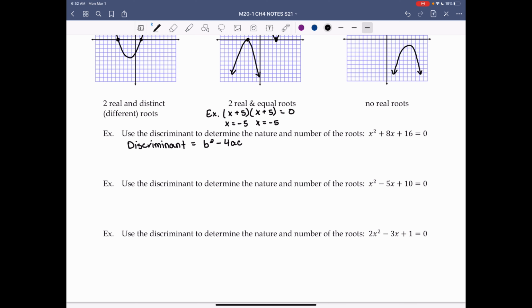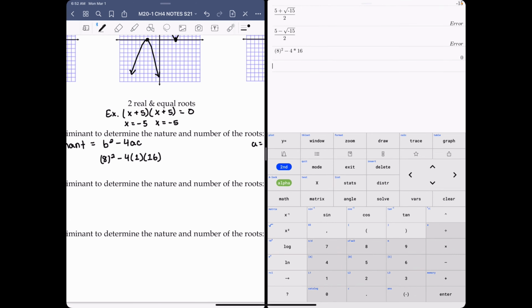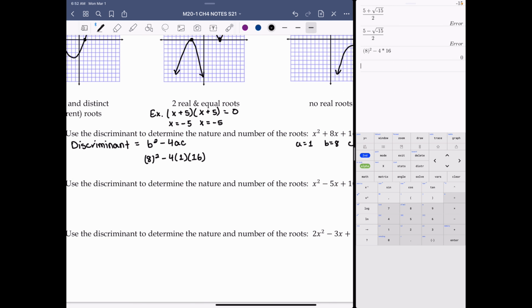In this case, a is 1, b is +8, and c is +16. Plug those into the discriminant: b squared, which is 8 squared, minus 4 times a, which is 1, times c, which is 16. Calculate that: 8 squared minus 4 times 16. That was the last one that we did, and it equals 0.